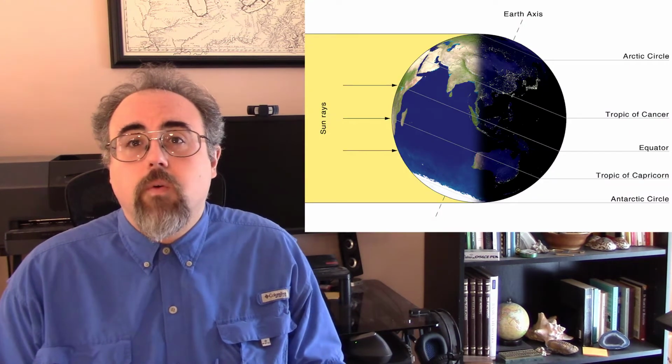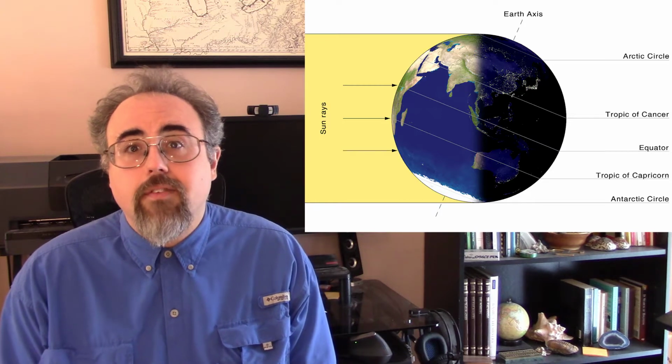Now, not only does the sun raise and lower its height during the day, what it will also do is, as it comes up in the east and sets in the west, only during the equinoxes does it actually come up due east and due west. Remember, the Earth is at an angle relative to the sun for most of the year, except for the equinoxes.